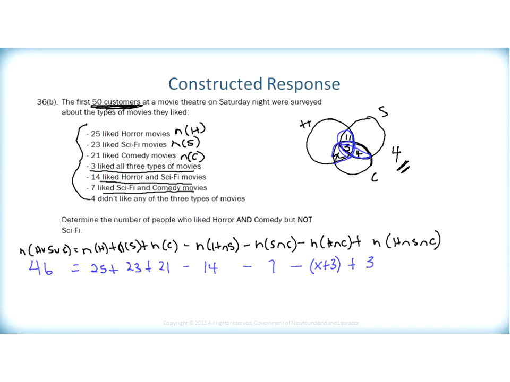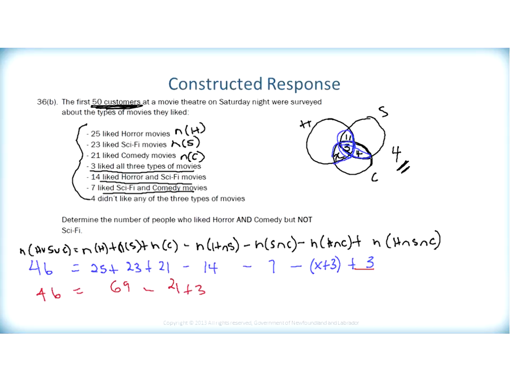So we have 46 would equal, we have 69 here. Subtract 21 plus 3.